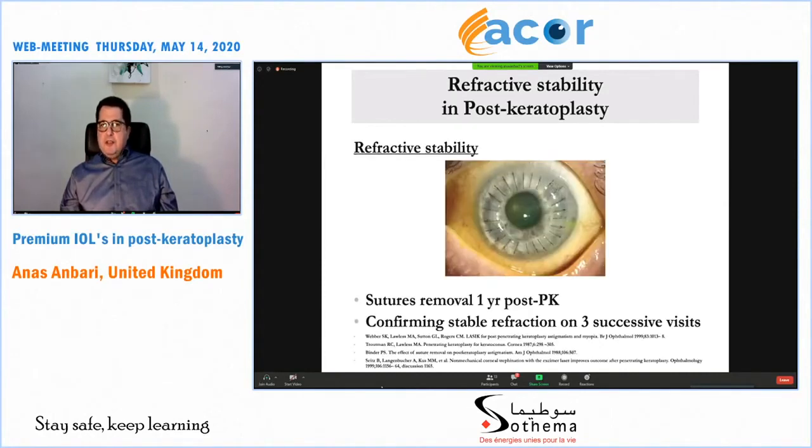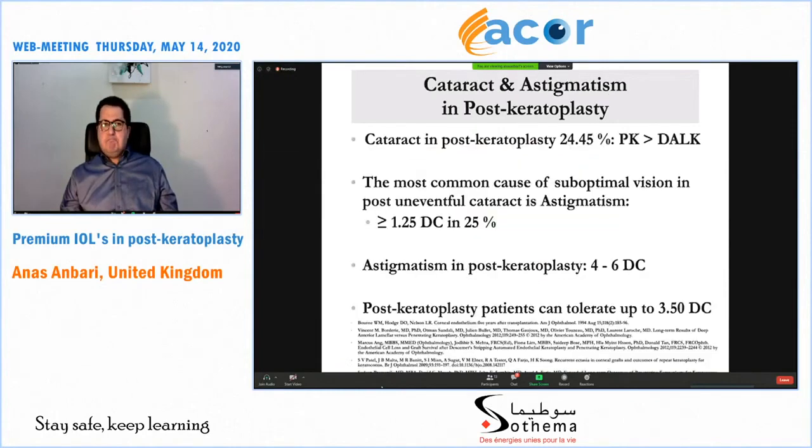How do we reach refractive stability? It is by removing sutures at 1 year post-PK and confirming stable refraction on 3 successive visits with 2 to 3 months in between. A quick word about post-keratoplasty, cataract, and astigmatism. In post-keratoplasty, 1 in 4 patients has cataract.